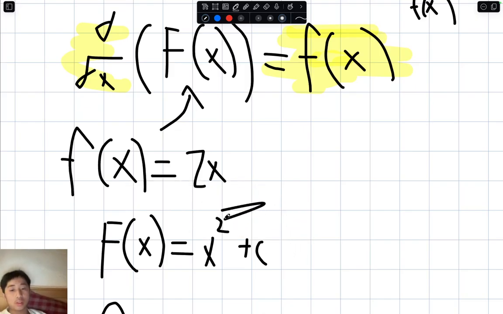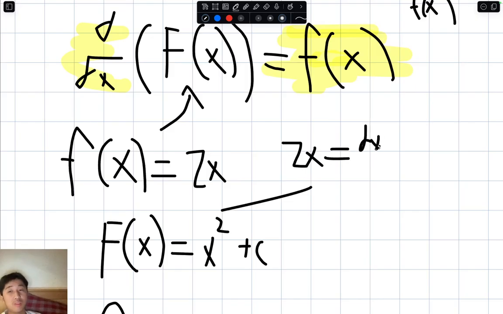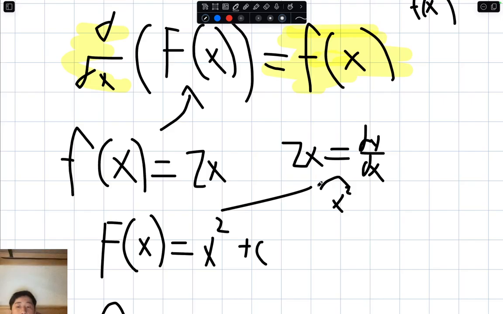I hope you can see how x squared and 2x are related, in the way that 2x equals some function's derivative, dy/dx. And we know by the power rule that we put down the power and then decrease it by 1.